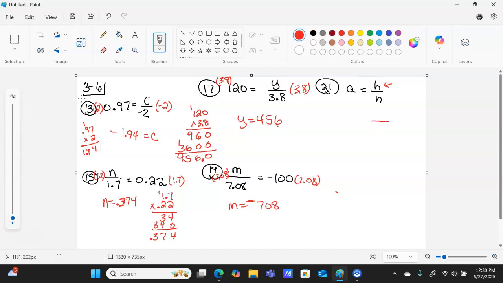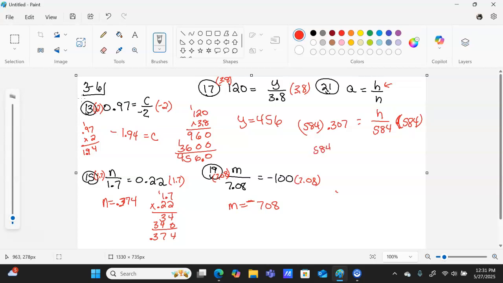So the N is the number of times he was at bat, which is 584. And his batting average is .307. So I'm looking for H. So I'm going to have to multiply both sides by 584.